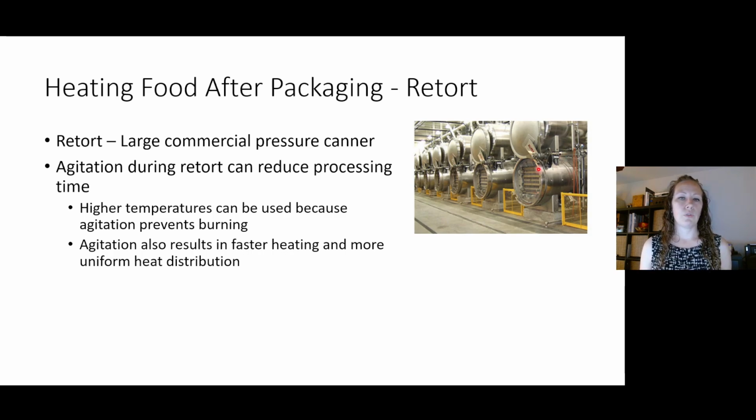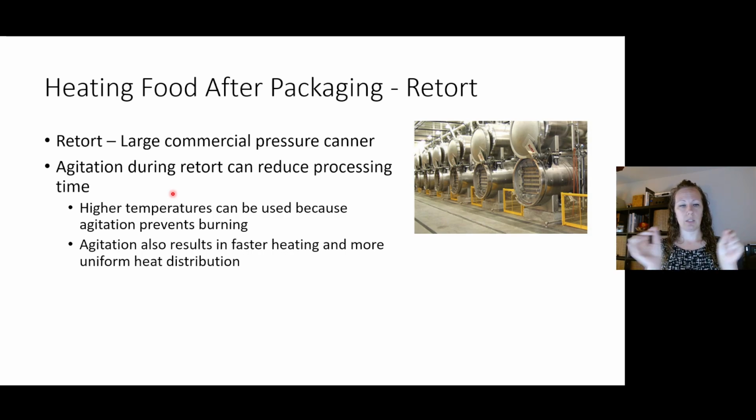Now, you can do this with or without agitation, but agitation does reduce processing time. If you're agitating the water and the cans inside the retort, it reduces the processing times. You're also able to use higher temperatures, because if the cans are still, you have constant high heat on the sides of those cans, and you can get burning.